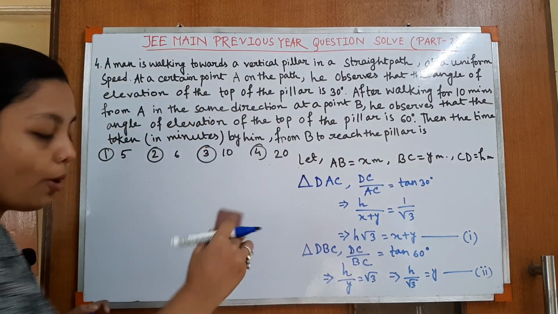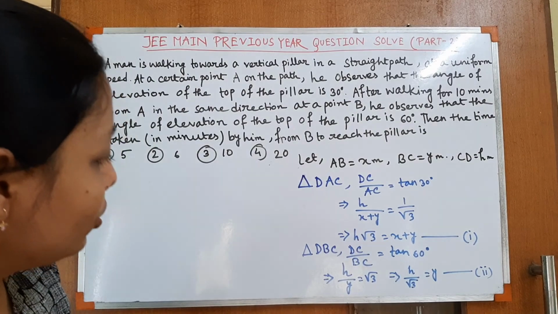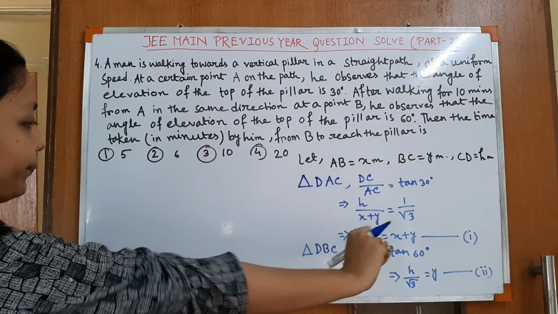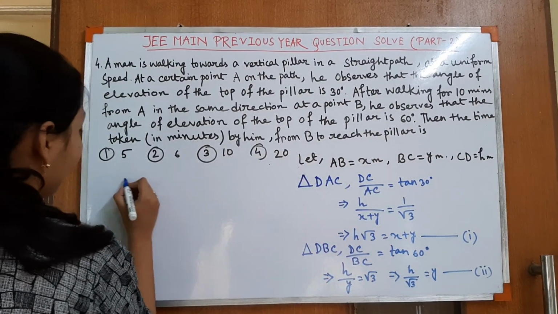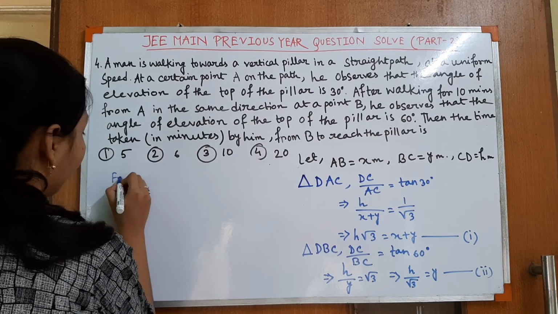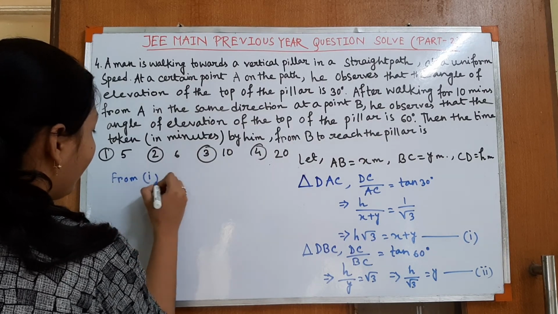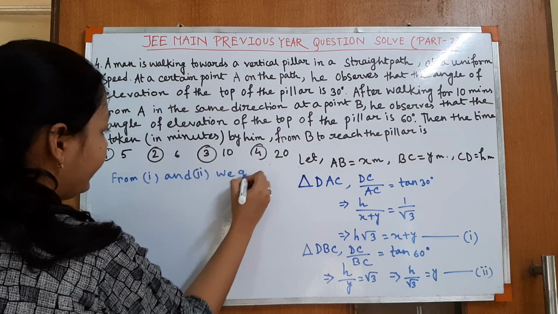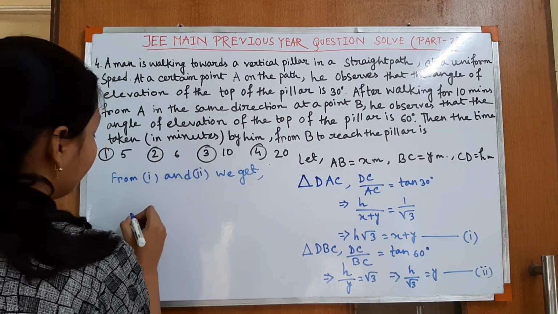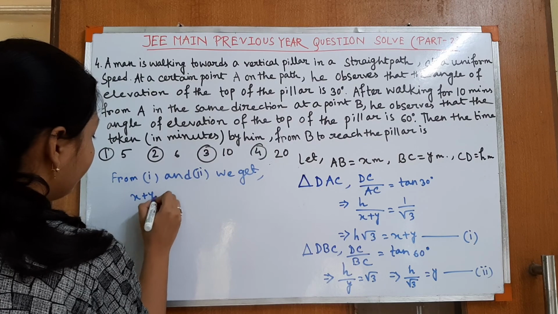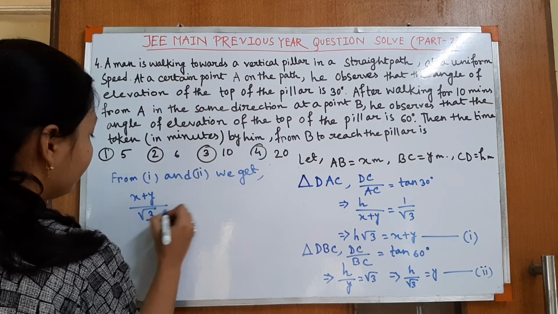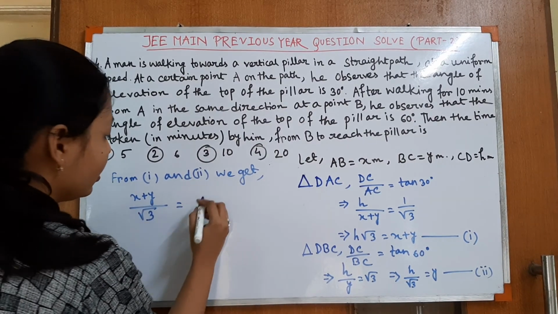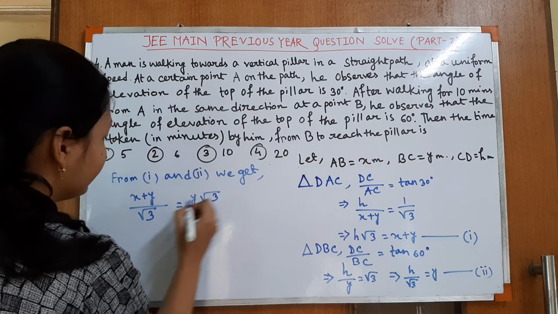Now, from these two given equations, from 1 and 2, we get x plus y by root 3 equal to y root 3.